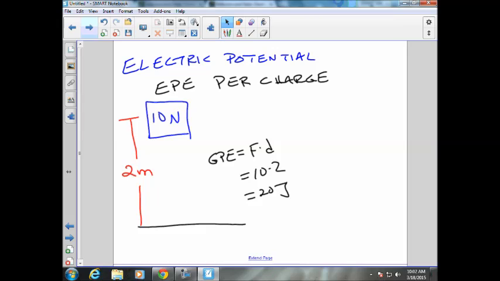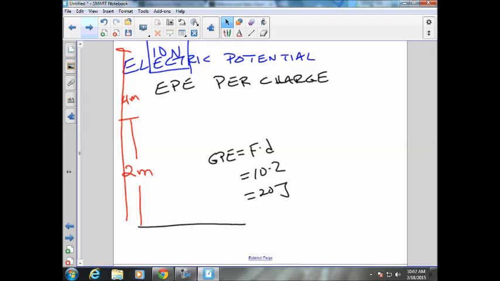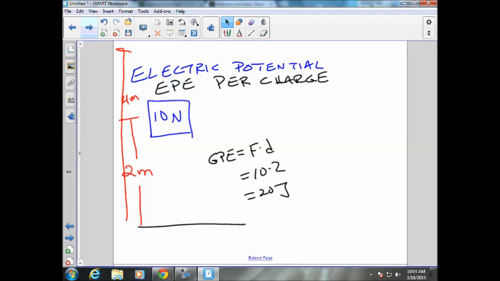You've done 20 joules of work. How could I increase the potential energy? For instance, double the potential energy. You might say we could double the distance, go from 2 meters to now 4 meters. Or, what else could we do?